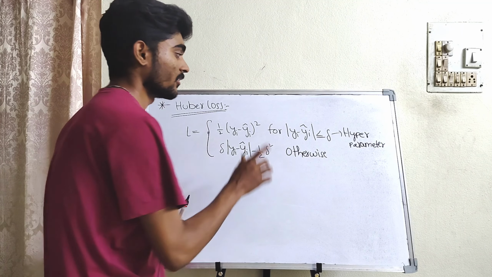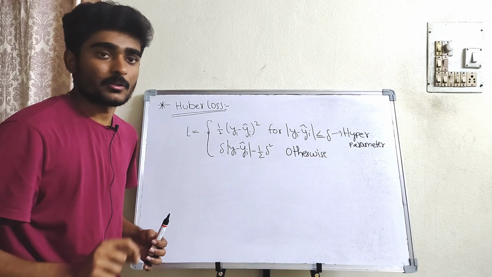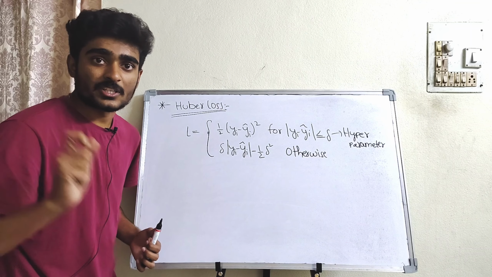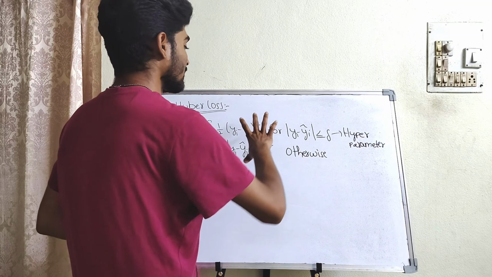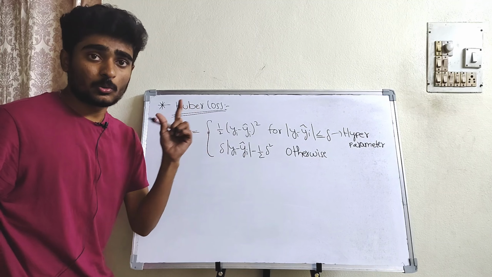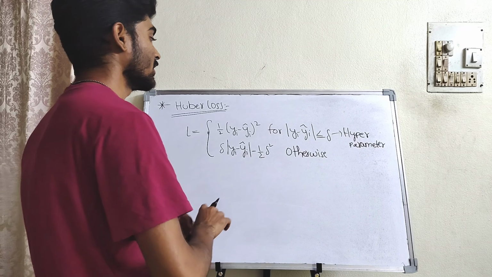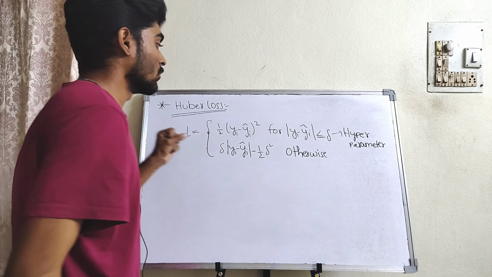When the data points are outliers, this condition will definitely become false. Then we need to go with MAE loss, which efficiently handles outliers. This Huber loss is a combination of two loss functions, MSE loss and MAE loss, so that the disadvantages in both loss functions are countered.